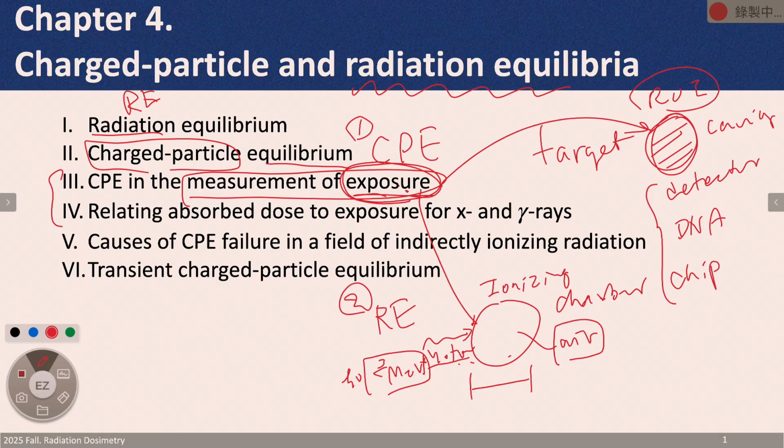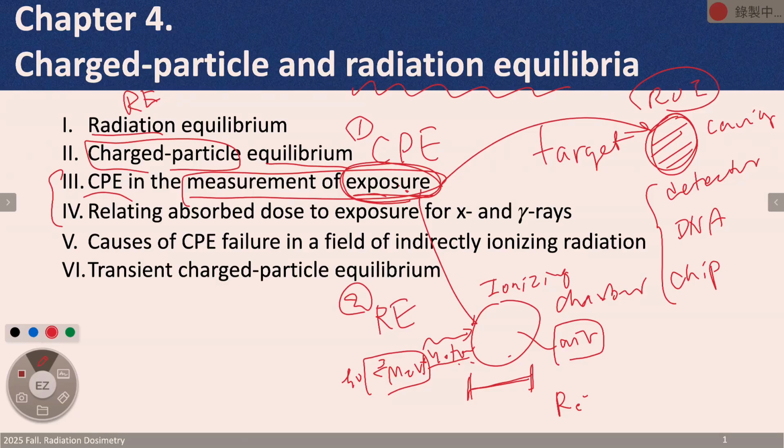Okay, so go back to the charged particle equilibrium here. We talk about the size of the chamber compared with the range of the electron. The electron is a charged particle, right?